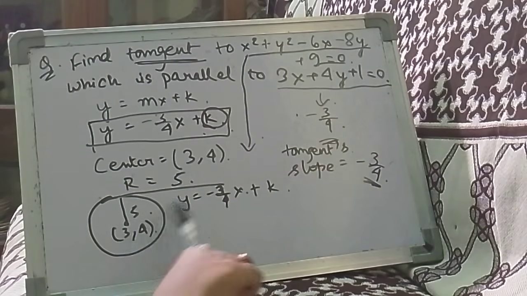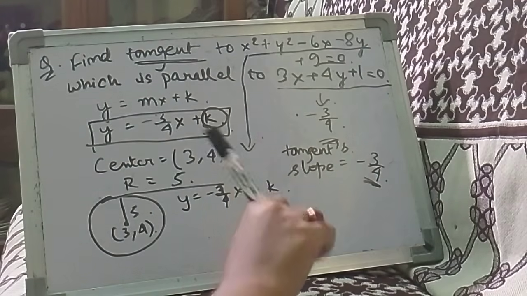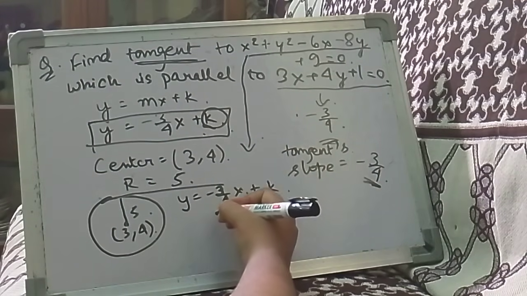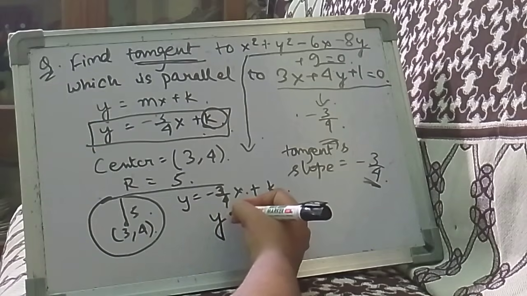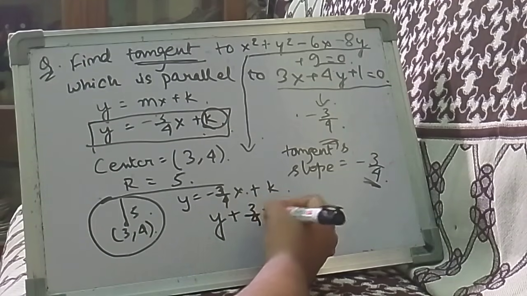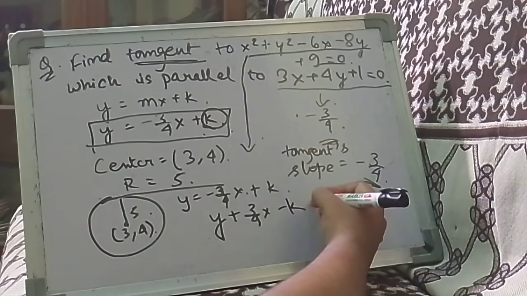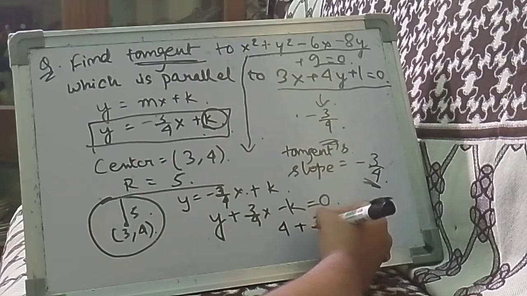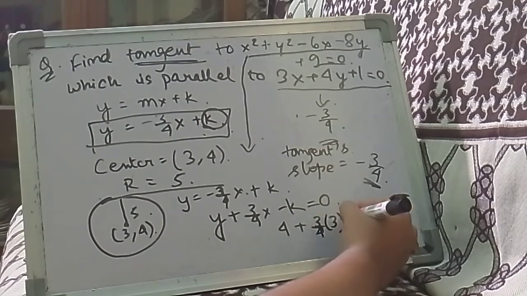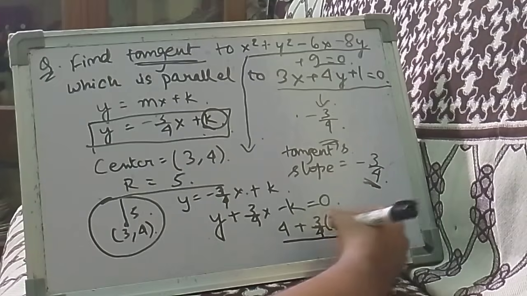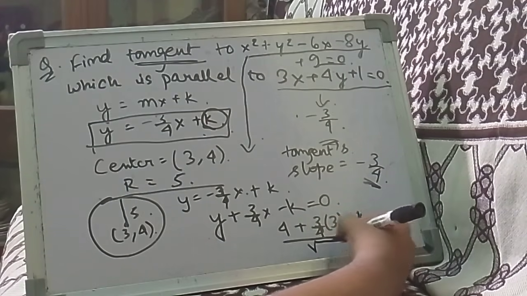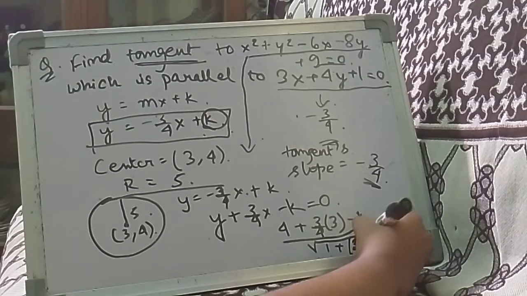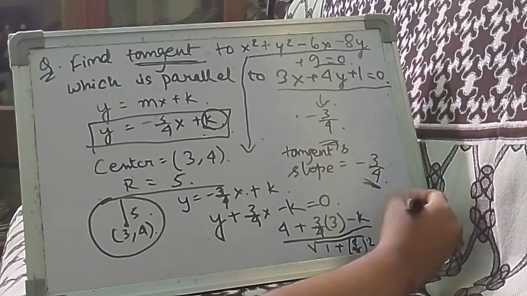We can directly put this point into this line, and there is a formula regarding this you already know. y plus 3 by 4x minus k equals to 0. So this becomes 4 plus 3 by 4 into 3 minus k divided by under root of 1 plus 3 by 4 square equals to the radius.